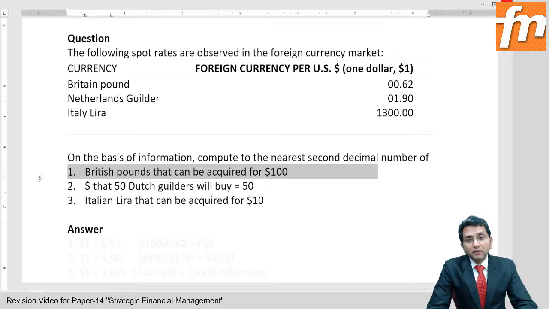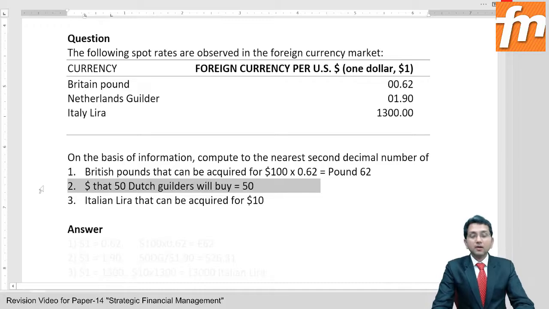The exchange rate is also given in terms of $1. So we simply need to multiply by this rate. So $100 will be converted into 62 pounds.